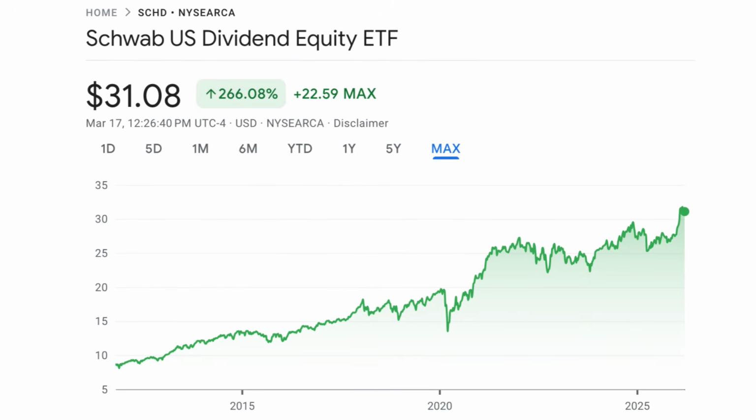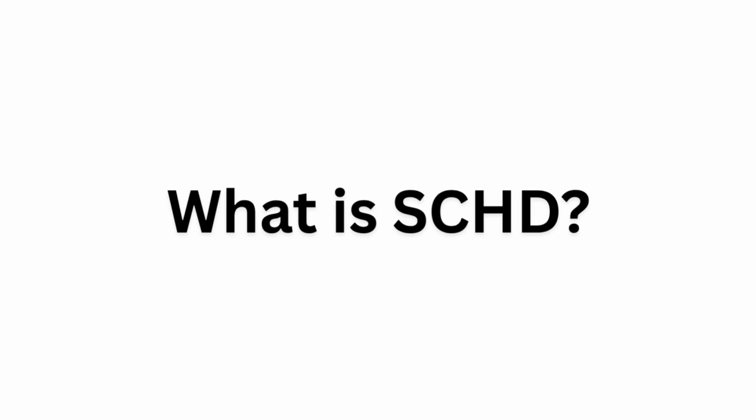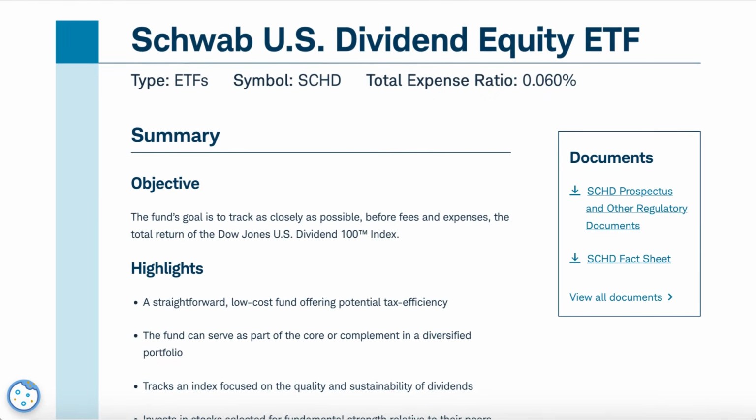But before we look at alternatives, we need to understand what makes SCHD so popular in the first place. So let's start with what is SCHD. It launched back in 2011, and its goal is simple: to track the Dow Jones US Dividend 100 Index as closely as possible. Now, this index focuses on high-quality US companies that consistently pay dividends.